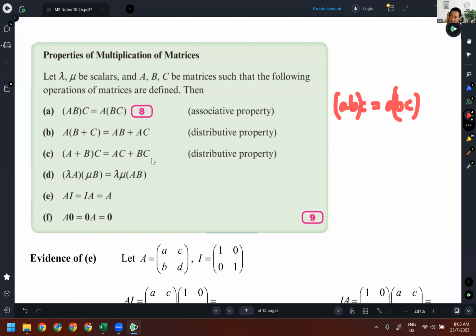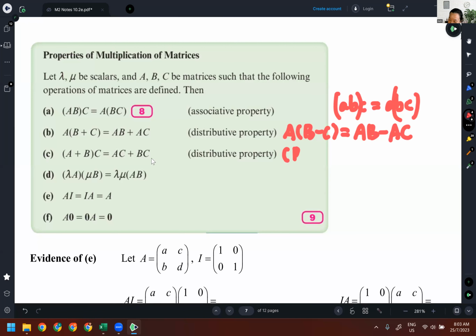Now, how about subtraction? Subtraction, you also have the same expansion. You can write it down. It's not in the textbook, but you can write it down. A times (B minus C) for matrices is AB minus AC, as long as you don't swap them.